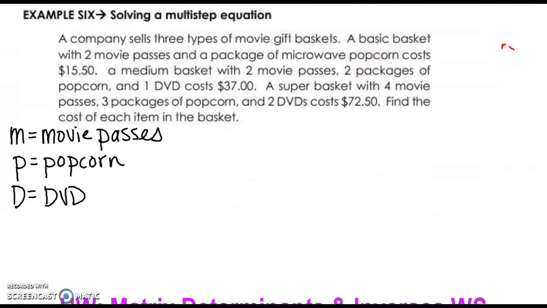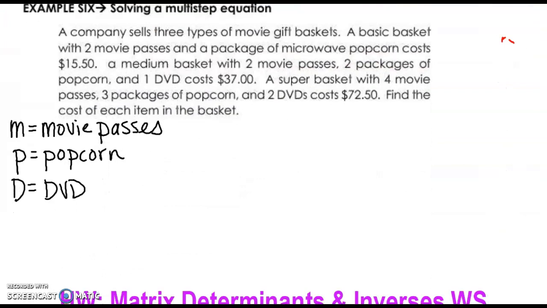Now this becomes really, really super awesome when you have a multi-step equation that you've got to solve. So they give us some information and they tell us that I just labeled M for movie passes, P for popcorn, and D for DVD.